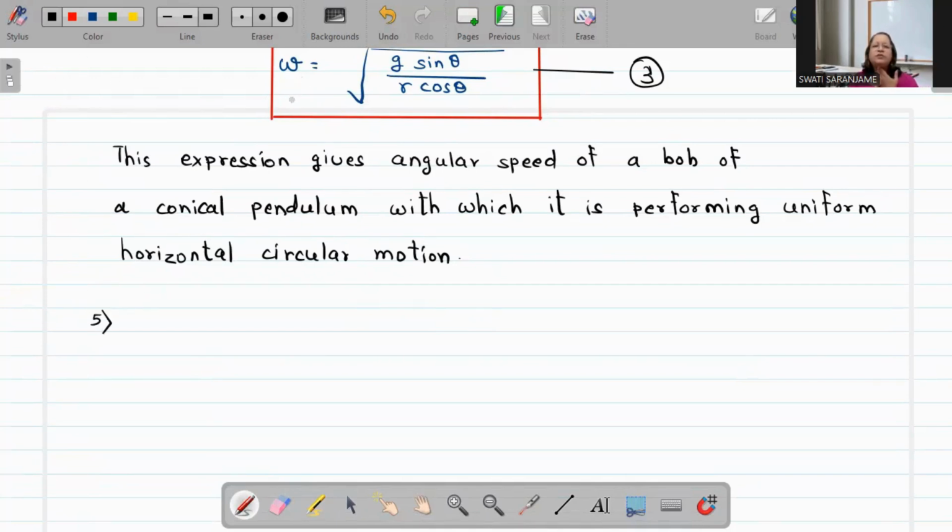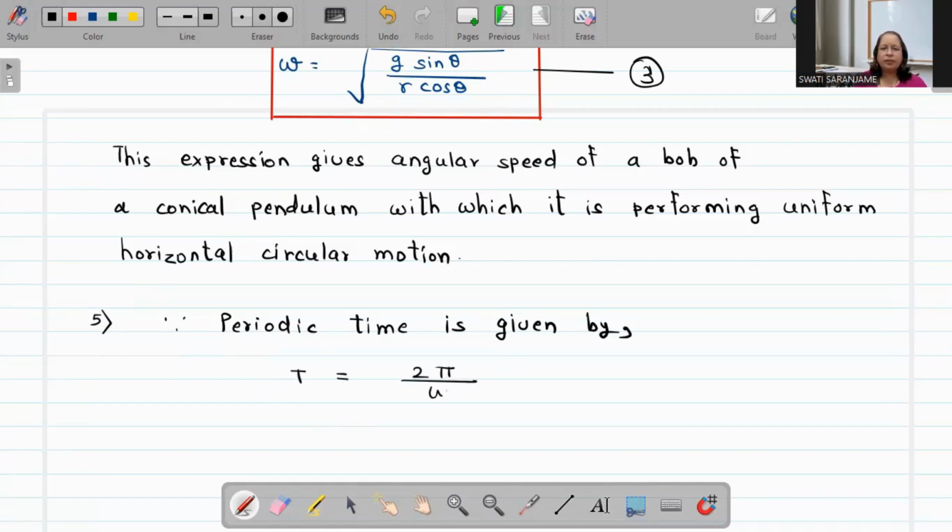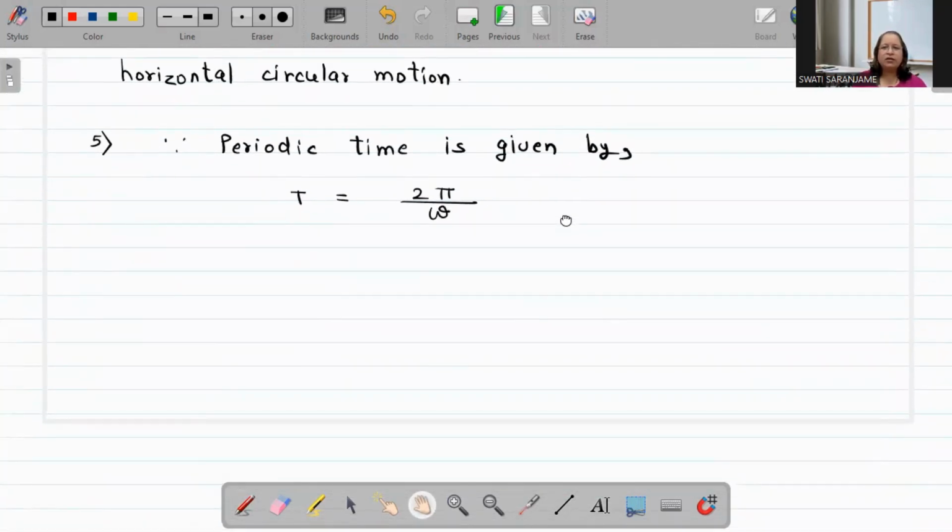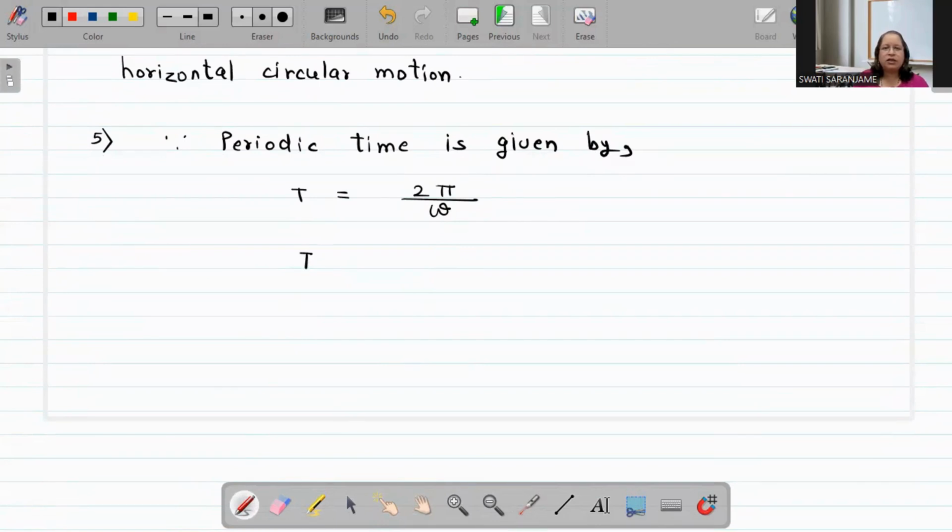As we have the expression for omega, and periodic time is given by T equal to 2 pi by omega, if we use equation 3 here, we can write T equal to 2 pi under root g sine theta by r cos theta.